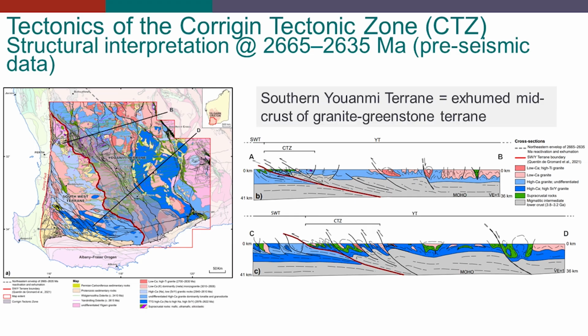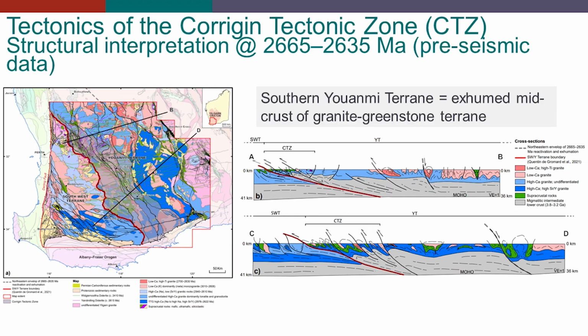Sorry, I forgot to mention all the metamorphic data we have in the previous slide, but all of this region here shows really consistent pressure constraints at between 5 and 6 kilobars. And the peak metamorphic ages in this region indicate a 2665 to 2635 Ma event for the formation of the Corrigin tectonic zone and an exhumation of these rocks from 6 kilobars to the surface.